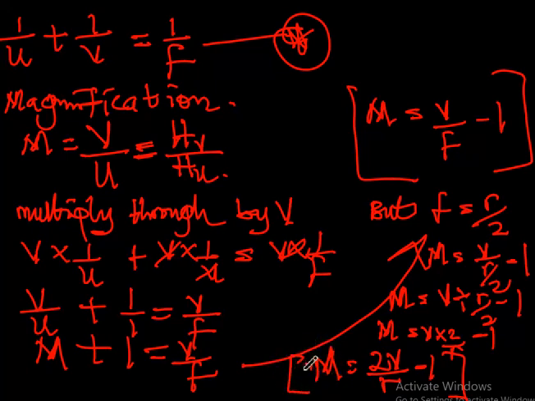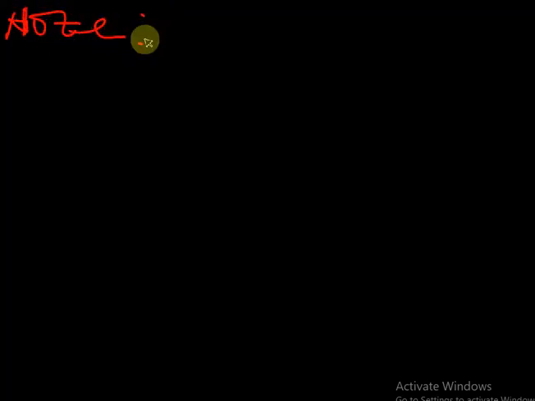So what do I need to note here? Take note of the following. Note that: 1, a convex mirror has a negative focal length; 2, a concave mirror has a positive focal length; 3, image distance in a convex mirror is negative; image distance in a concave mirror is positive, except when the object distance is less than the focal length.